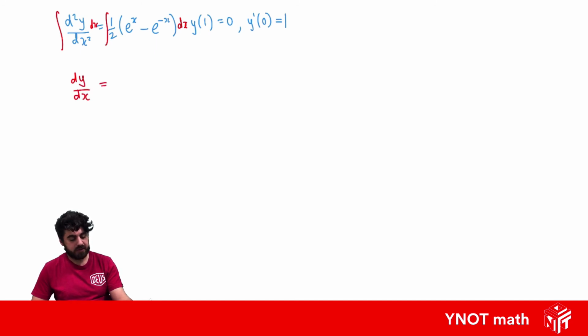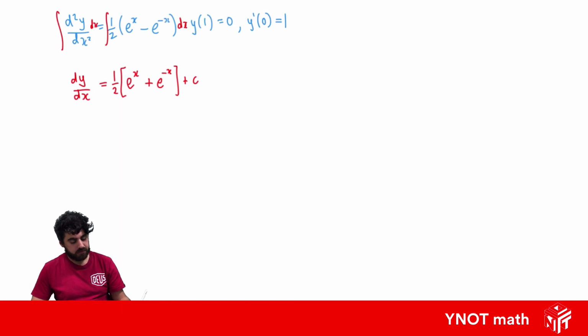The half we can take outside the integral. And then the integral of e to the x is just e to the x. Now, the integral of e to the minus x, we divide by the negative, so we're going to get a positive, and we get e to the minus x. And we're going to get plus a constant.